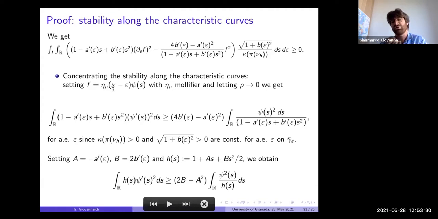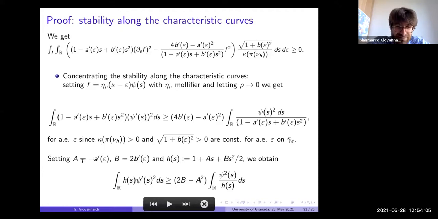This bump function converges to a delta of Dirac, and so we can localize along the straight line the second variation, the stability condition, and what we obtain is this inequality, but where the integral now is only over R. And this can be done because K is strictly positive and is also a constant, and also this term that appears here is a constant, and this can be done because the convex set is strictly convex.